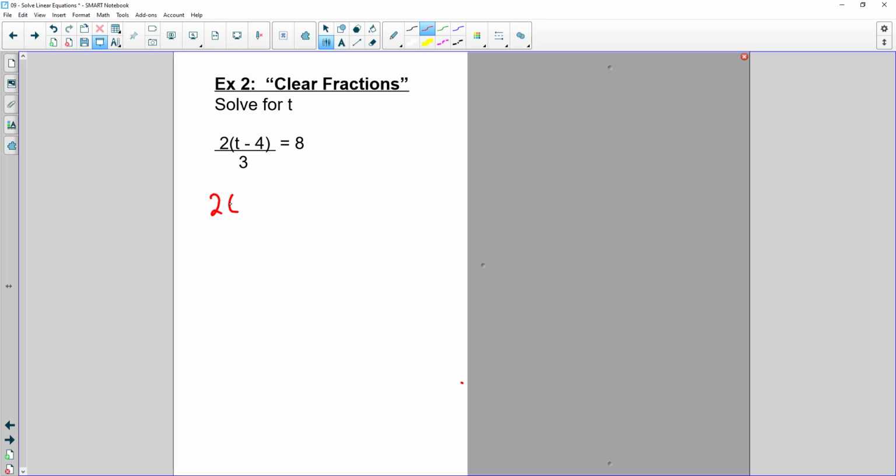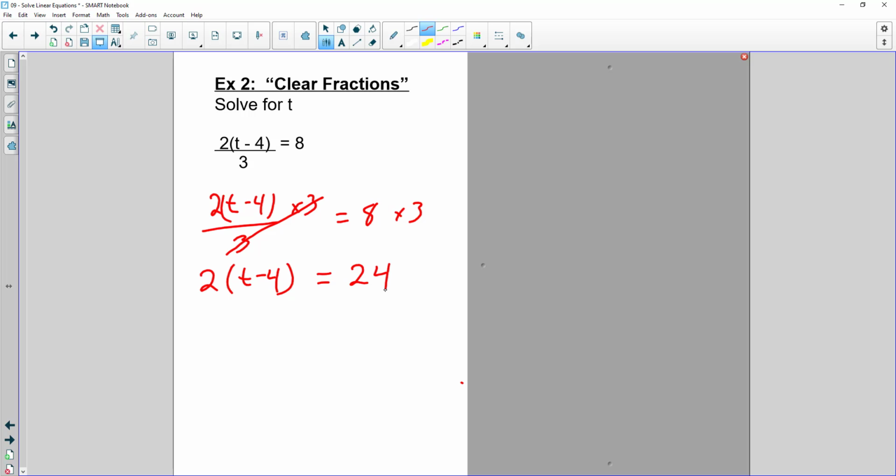So 2(t minus 4) over 3 times 3 is equal to 8 times 3. Those 3's are going to cancel, so I'm left with just 2 times (t minus 4) in brackets, and that's equal to 8 times 3, which is 24. Now it's a very similar question to the last one we did.